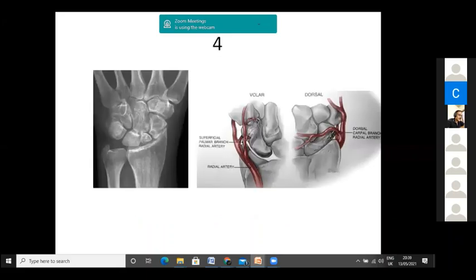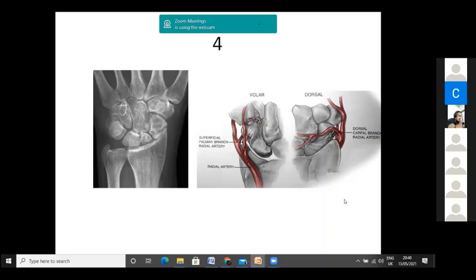Okay, so Johnsy, can you read this X-ray? Yes, one second. This is a plain X-ray of a skeletal mature person. Showing the distal radius and ulna and the carpal bones.